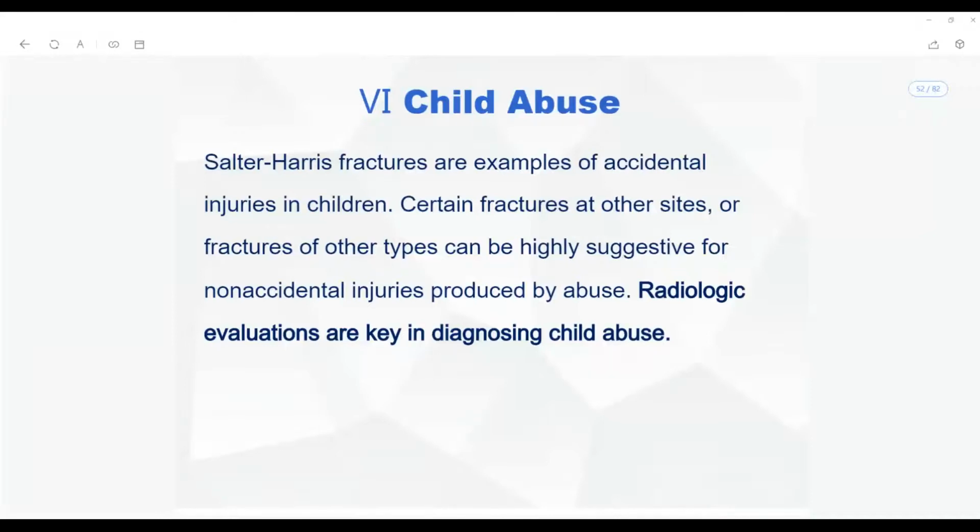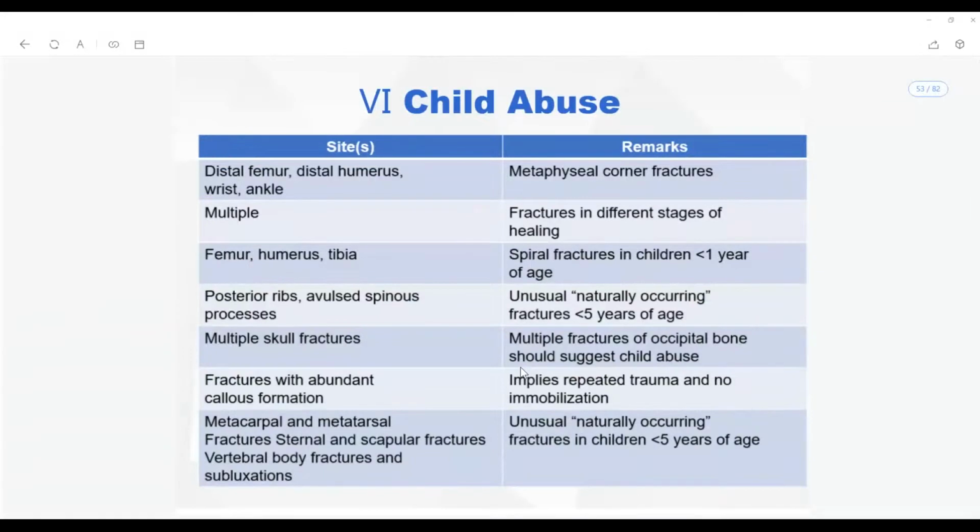And babies cannot generally stay away from trouble, so most of the time it is the responsibility of the doctor to evaluate and make sure that the baby is not abused. So how do we do it? You can see here there are particular regions of the body where there will be frequent signs of child abuse.